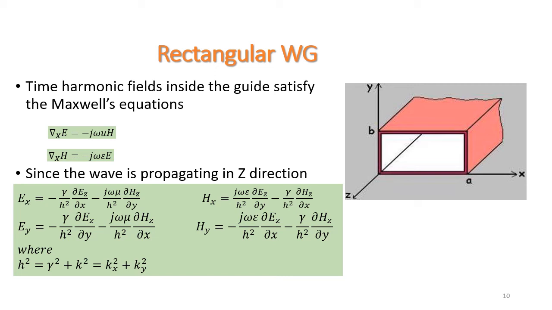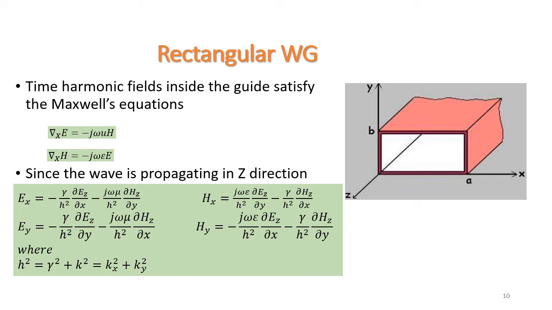Ex is equal to minus gamma upon h square ∂Ez/∂x minus j omega mu upon h square ∂Hz/∂y. This is the Ex. Hx will be j omega epsilon upon h square ∂Ez/∂y minus gamma upon h square ∂Hz/∂x.